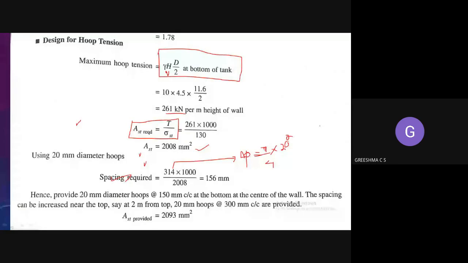With AST as 2008, you will get a spacing of 156 mm.